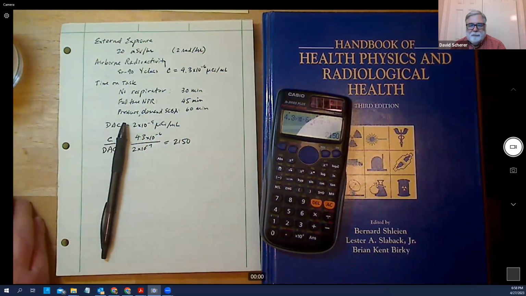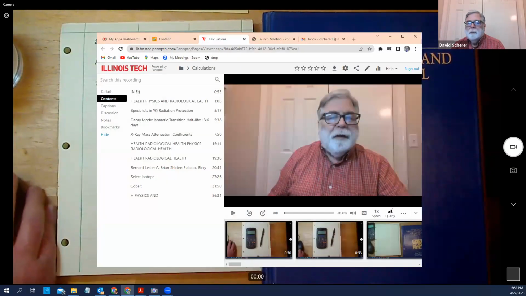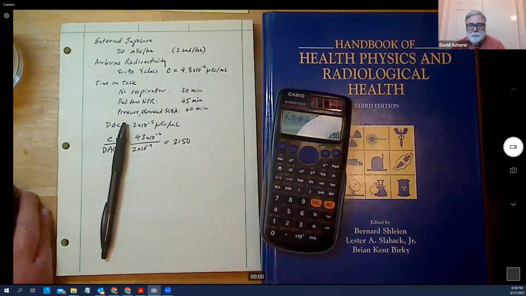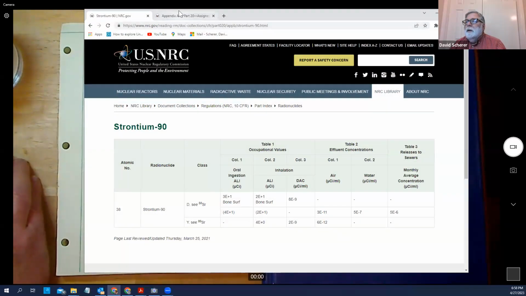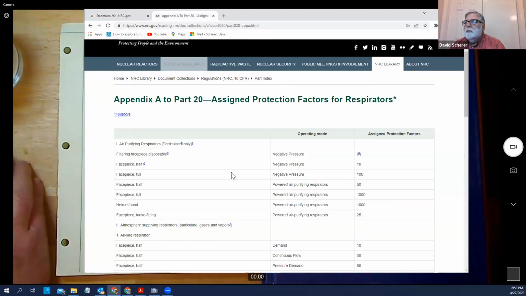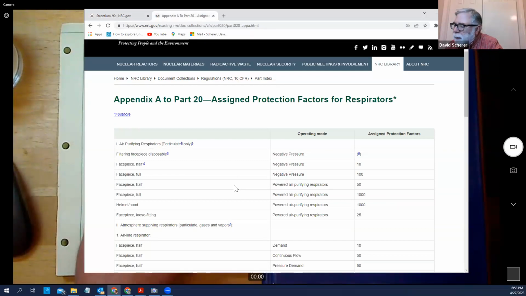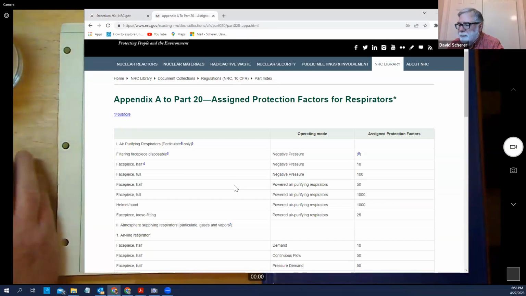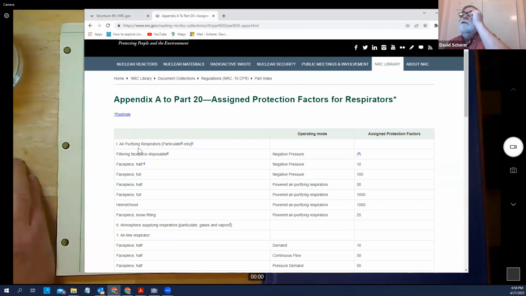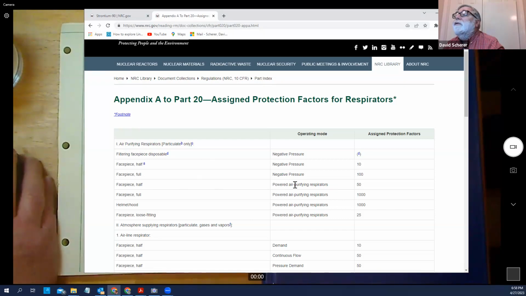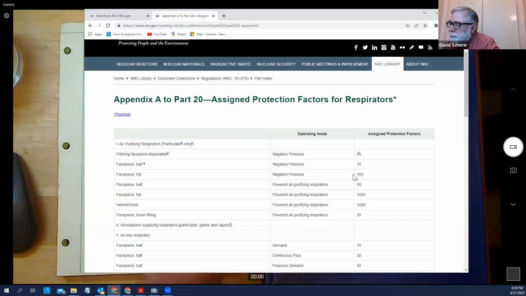So going back to my APFs, wrong one again. Here we go. So we had a full face negative pressure respirator. The APF is 100.